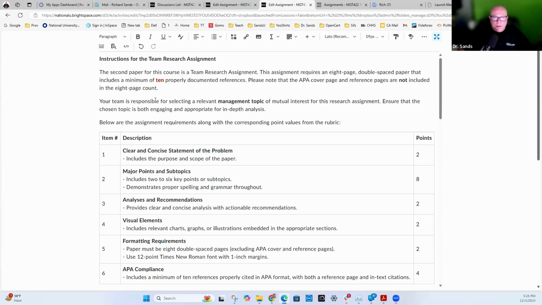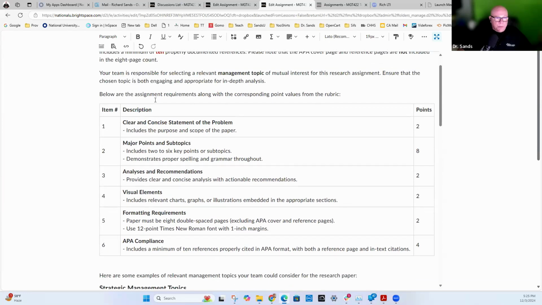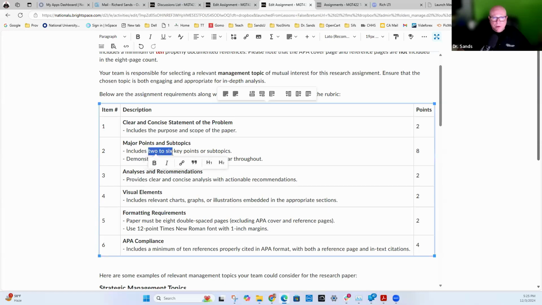All right. So what does the breakdown look like? A clear and concise statement of the problem that includes the purpose or scope of the paper. Major points and subtopics: include 5 key points or subtopics, and demonstrate proper spelling throughout.